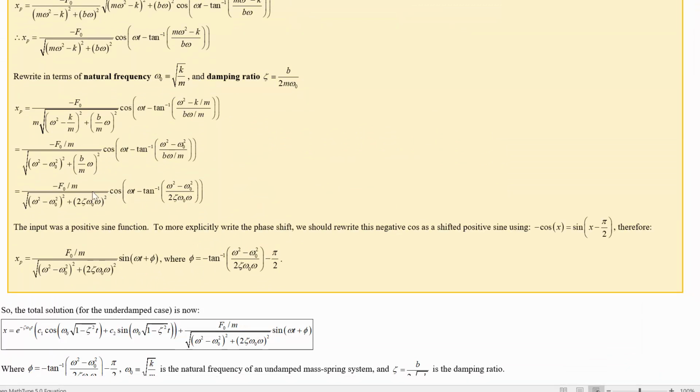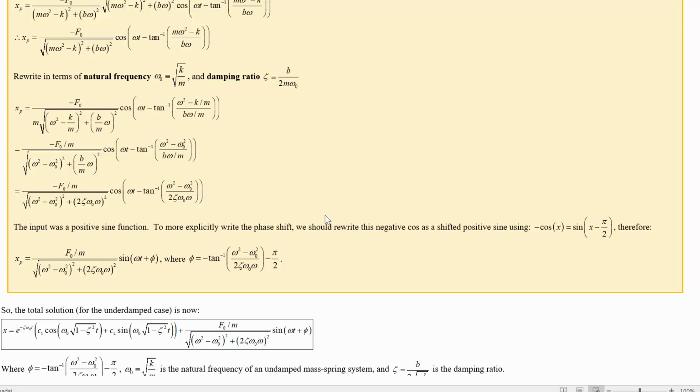It's just a cosine, and it has an amplitude which goes like the forcing function divided by the mass, and then is divided by this term here that has some interesting special properties. You can see that we're going to be dividing it by more when we have a really large frequency, because the omega squared term will dominate the rest of it. And we're going to be dividing it by less when omega is equal to omega naught, because then this term will cancel out. And that's how resonance works.